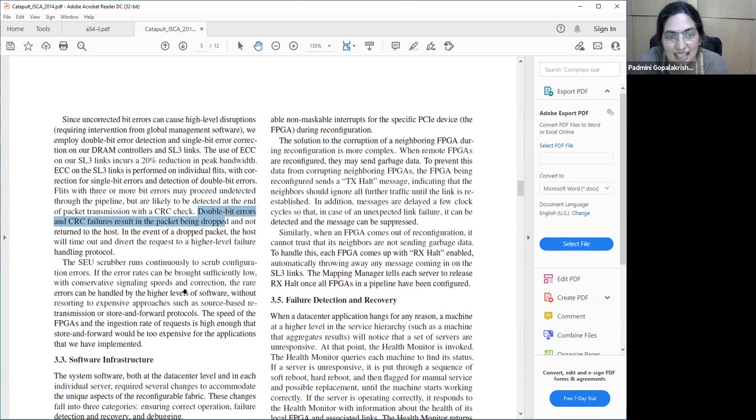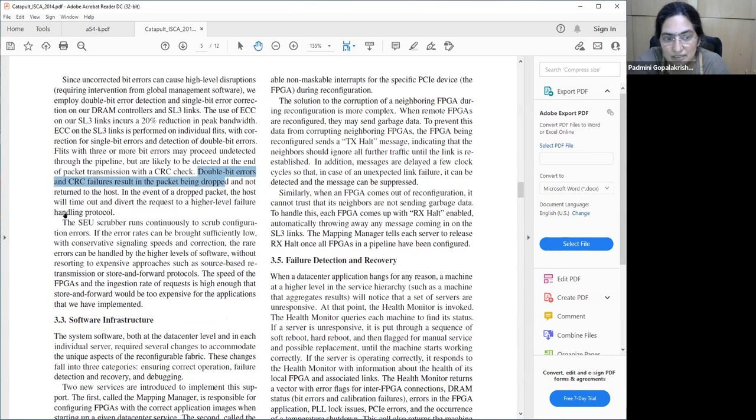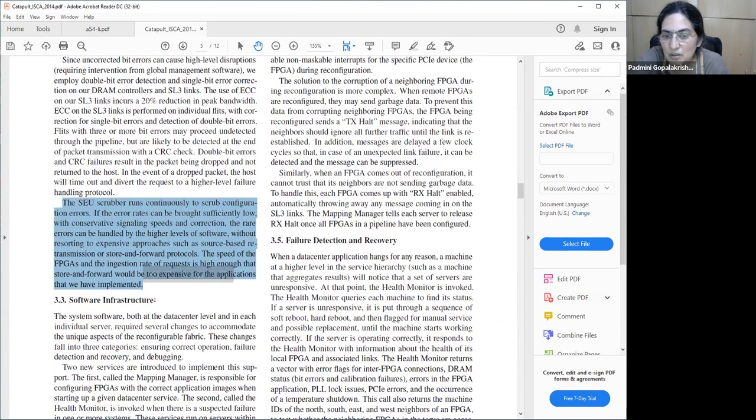They have an SEU scrubber, which takes care of single event upsets. Single event upsets get costly if they disrupt the configuration of the FPGA. You expect that it's programmed to do a certain function, and remember, FPGAs are programmed by writing to memory.